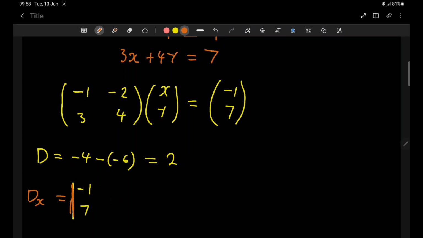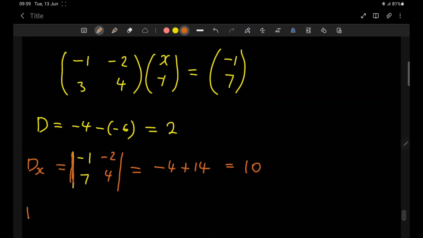Then we're having negative 2, we'll maintain the other column, and 4. Then we find the determinant. So negative 1 by 4 is negative 4. Negative 2 by 7, so we'll have positive 14, which is equal to 10.